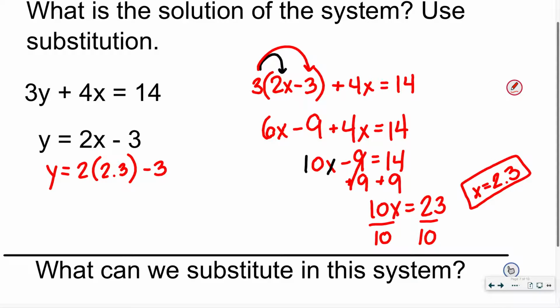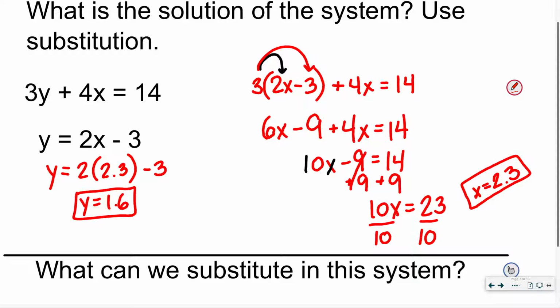When I calculate, what does y become? A little crazy because we have decimals, but how would we check that? You plug in. So if I think that x is 2.3 and y is 1.6, where could I substitute just to check?